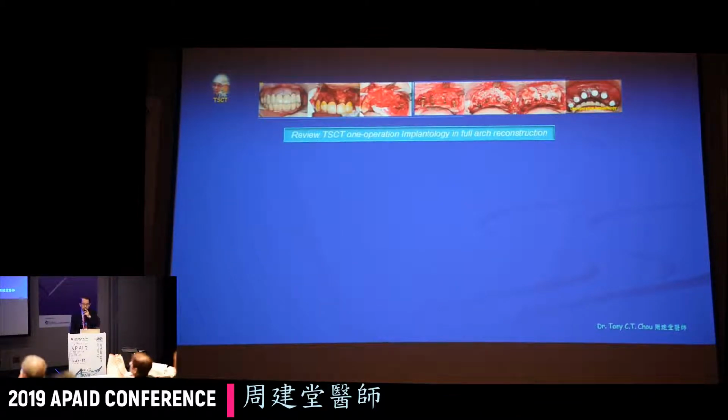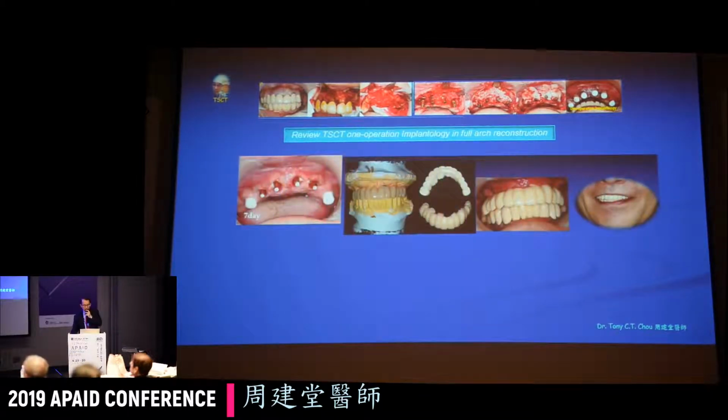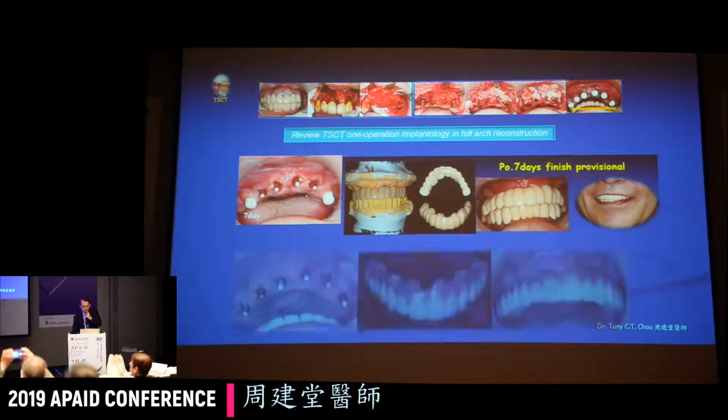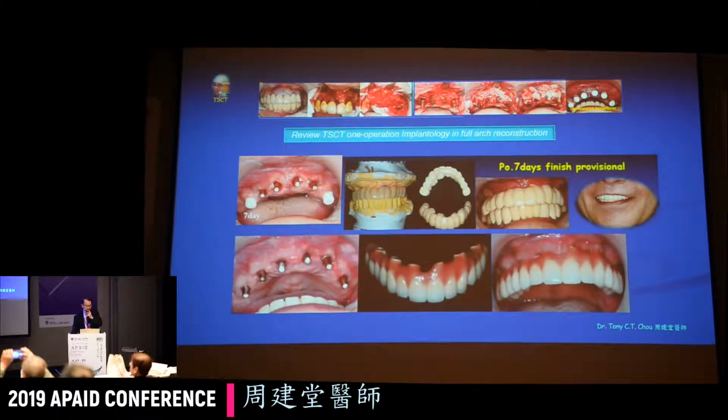So now we briefly review the TSCT one operation implantology in full arch reconstruction. In this case, we take only one operation, and after 7 days we give the patient a provisional, and 4 months later we finish the final processes.